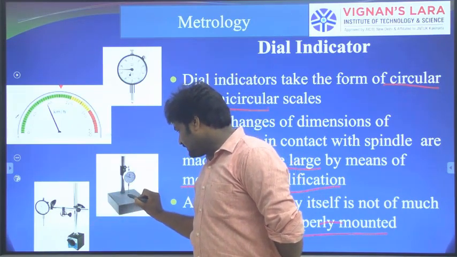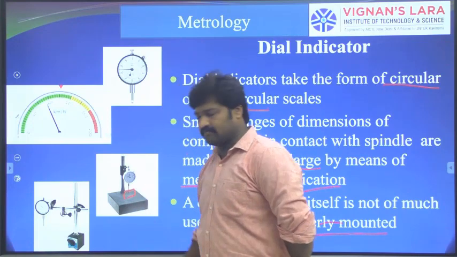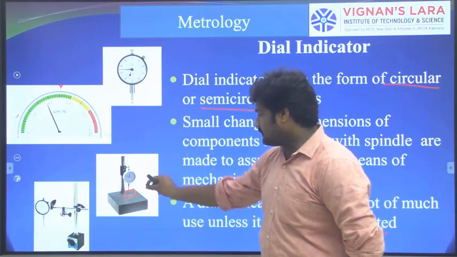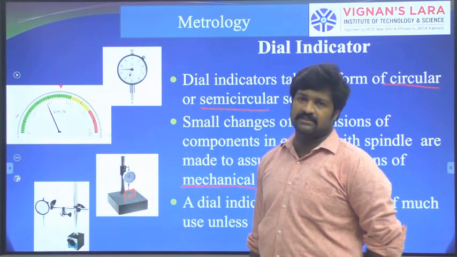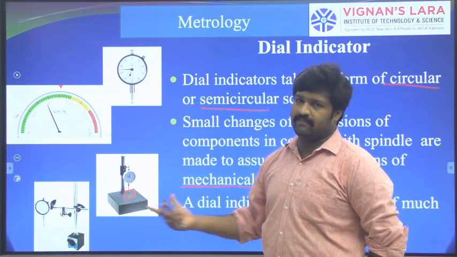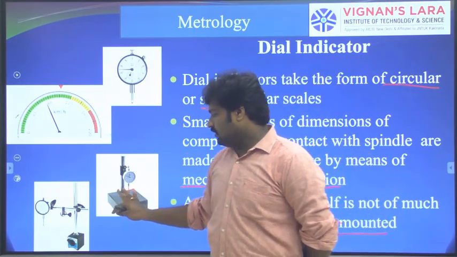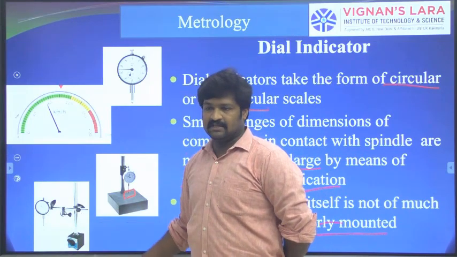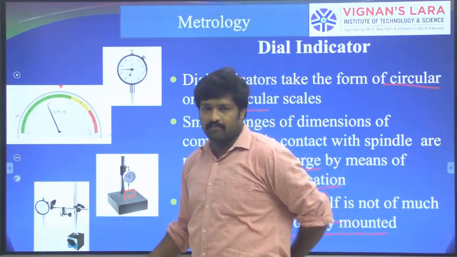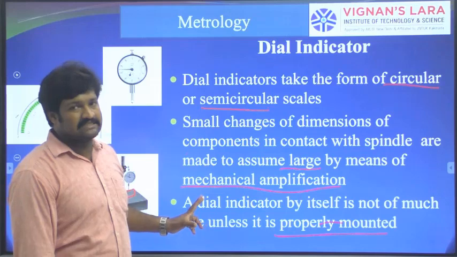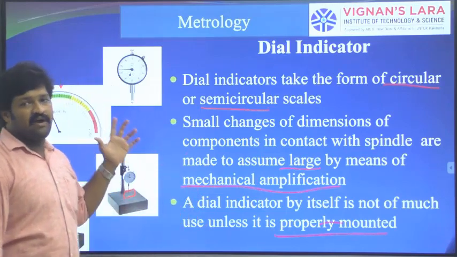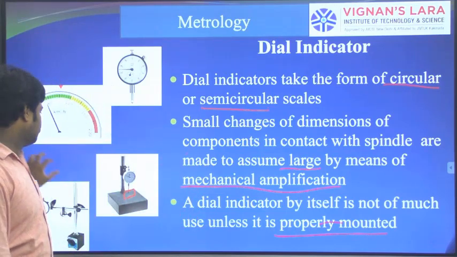Here is the table. If we place our block, our component, here, then the reading can be obtained in this dial indicator. That reading can be read. If we are not using any stands, then it is not of much use. With proper holdings as well as accessories, then only our dial indicator has a good use.